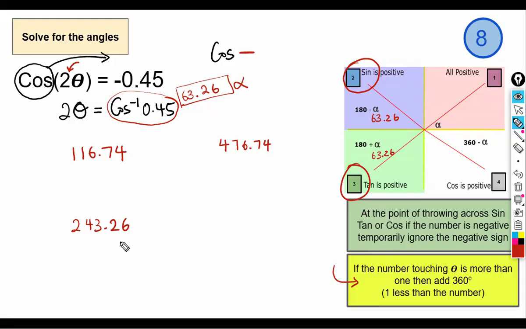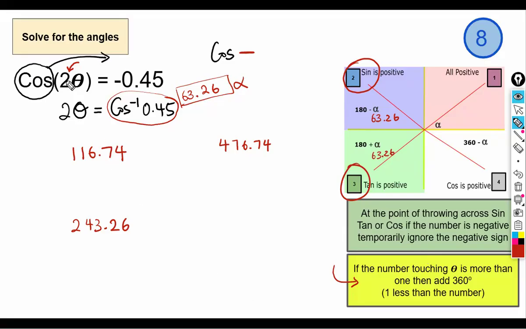And do the same thing to the other value. Add 360 once. If it was 3 theta, you would have added 360 once, got this answer, and then added 360 again. So you end up with 3 answers on top and 3 answers underneath, making it 6 answers in all.